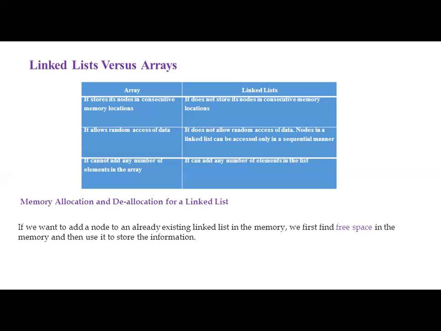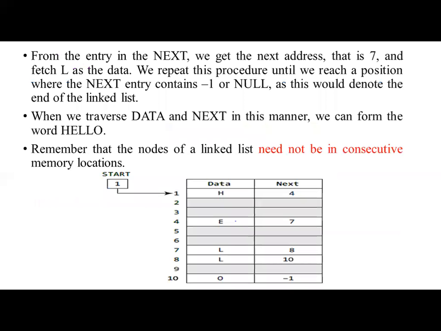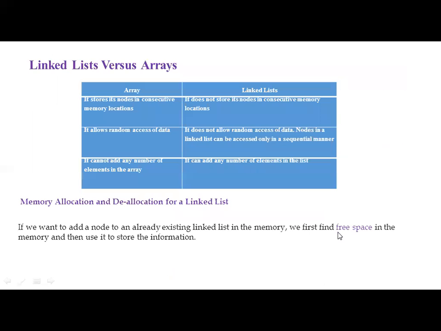But it is not true for linked list implementation. If you want to access the fourth element, you have to access the first, second, and third elements, because the next node address is stored in the previous node. So you have to traverse all the nodes sequentially to get some data.